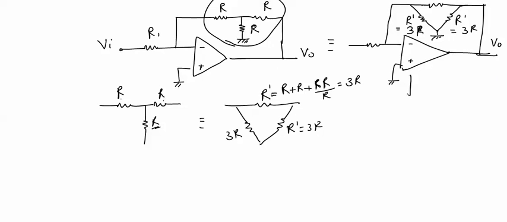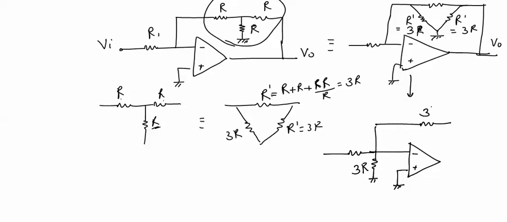Now this circuit can be further simplified as this will be the resistance 3R, this will be the resistance 3R, and this will be the resistance 3R.